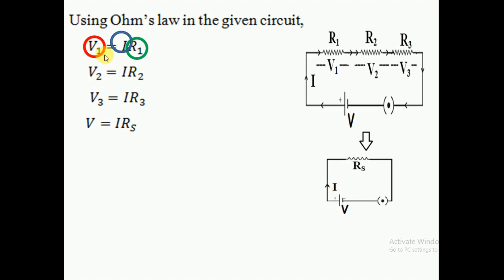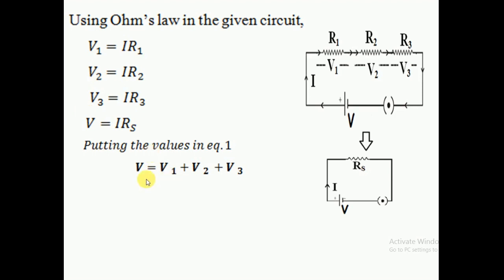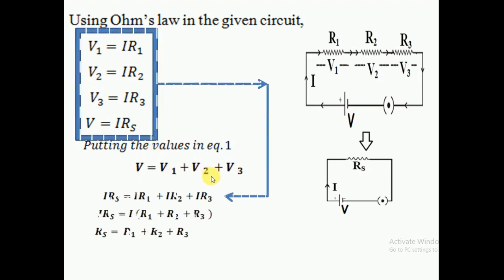Now I'll put the values of V1, V2, V3 and V in equation number 1, that V is equal to V1 plus V2 plus V3. Instead of V I'm writing IRS, instead of V1 I'm writing IR1, instead of V2 I'm writing IR2, and instead of V3 I'm writing IR3.